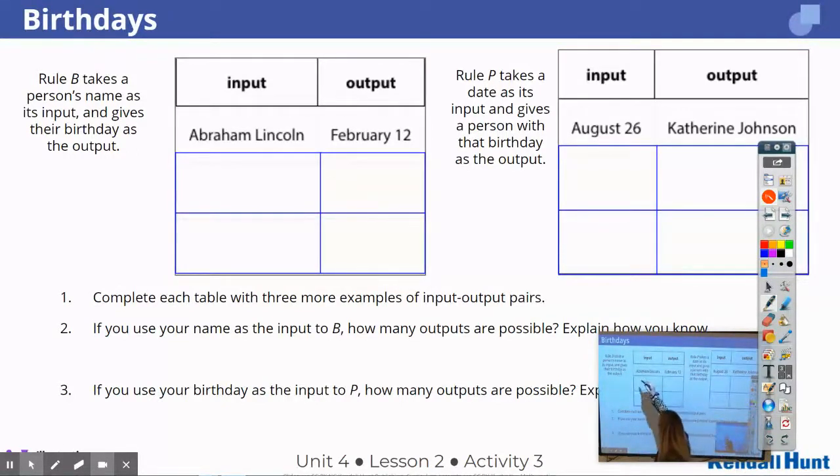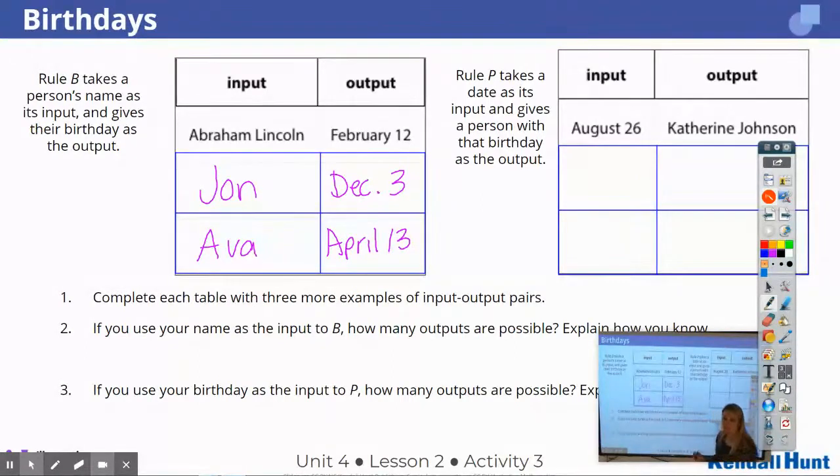So let's see here. John, December 3rd. Ava, April 13th.